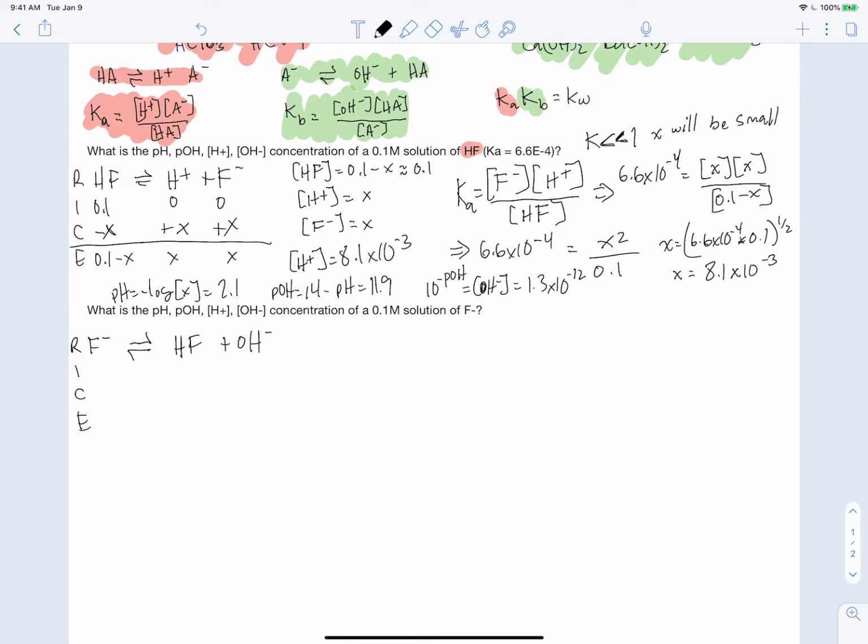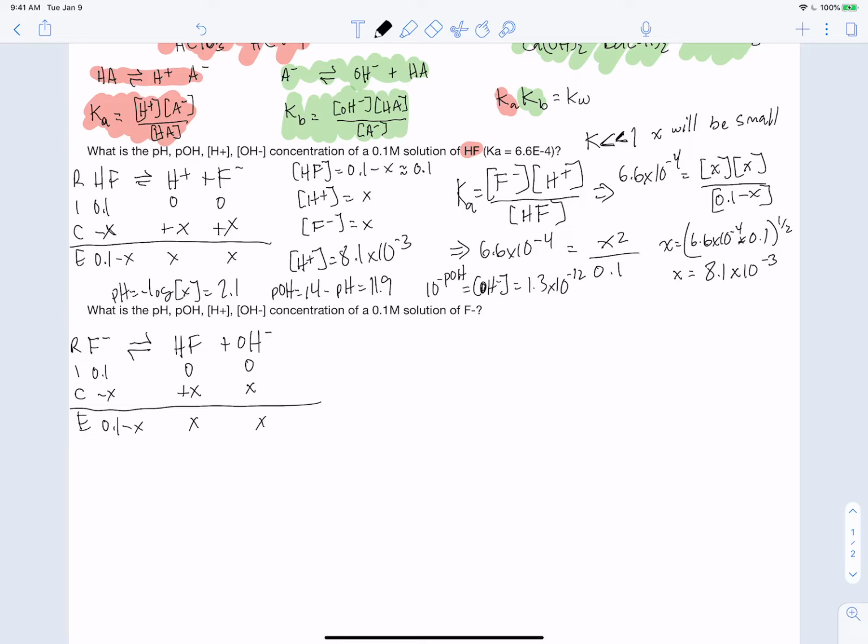We're starting with 0.1. Now we're not calculating H plus directly anymore. We're going to calculate OH minus, but we can ultimately get pH from that. The change is going to be some loss of x. We're going to gain some amount of HF, and we're going to gain some amount of hydroxide. And so we can write this out like this.